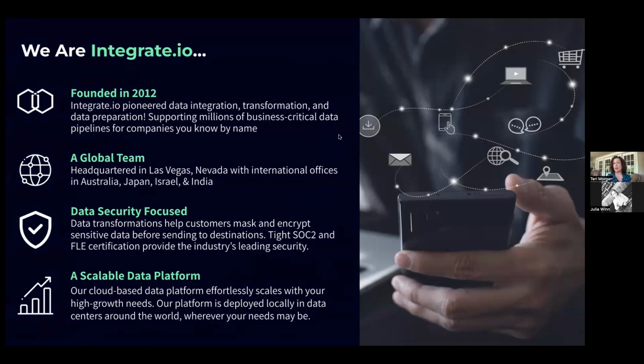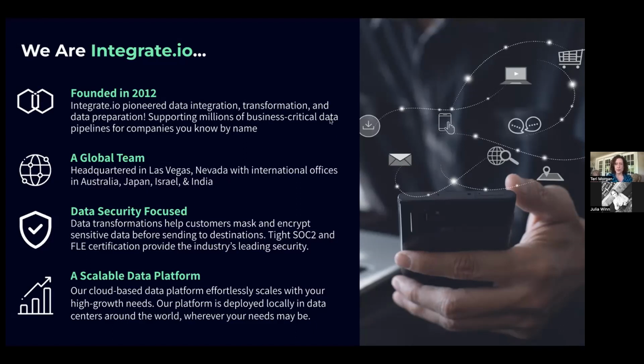Our team is global, allowing us to really support the needs of companies around the world. Security is a top priority for us. As we put together and built this scalable platform, it was a primary focus. And the platform is really built to scale as your company grows and your data needs change.